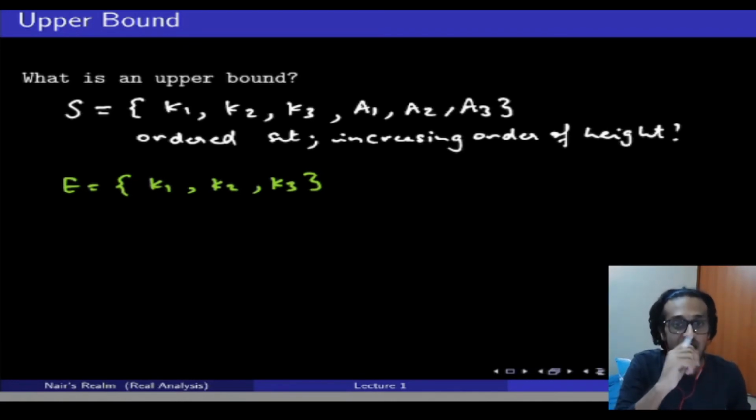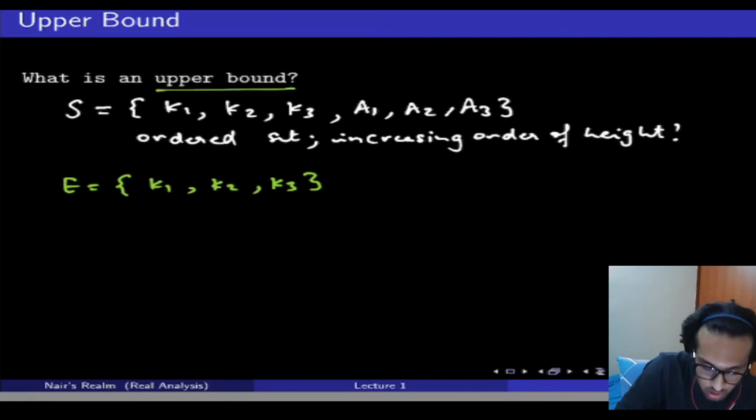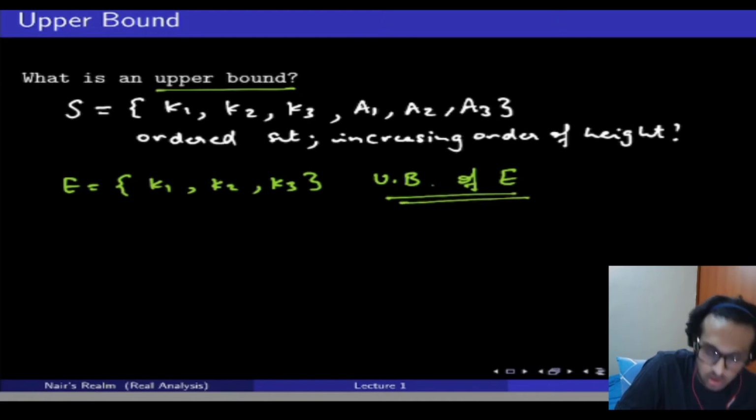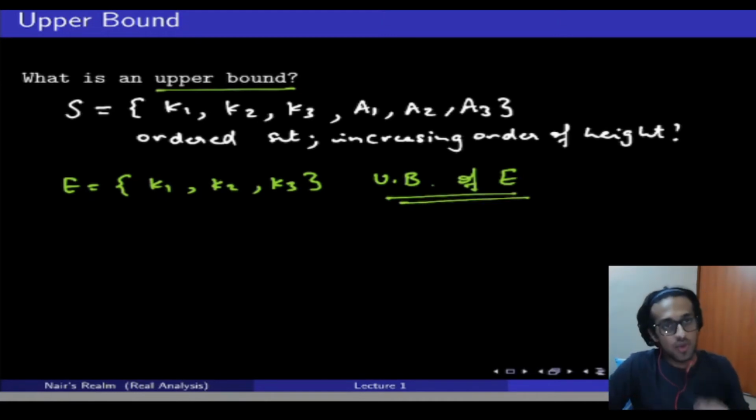If I ask you to find an upper bound of E, what would it be? You might have a few questions immediately. Does an upper bound of a set necessarily have to belong to it? Does it have to belong to E, or can it belong to S? The next question you might have is, is an upper bound unique?